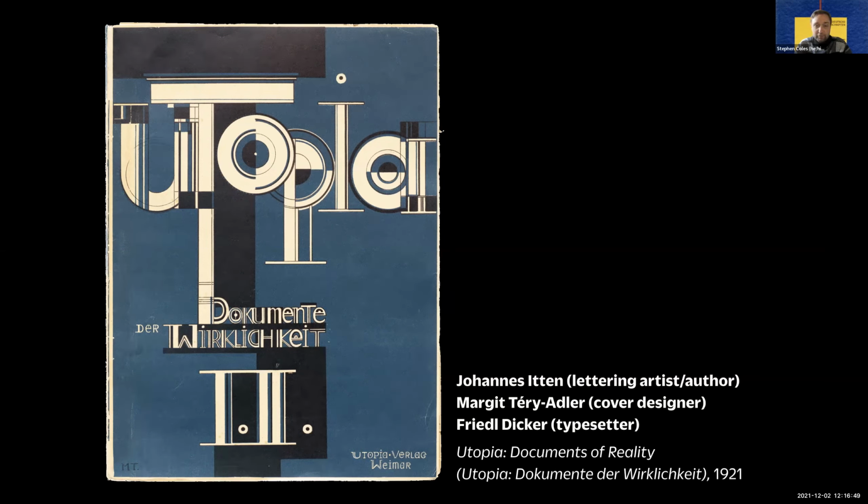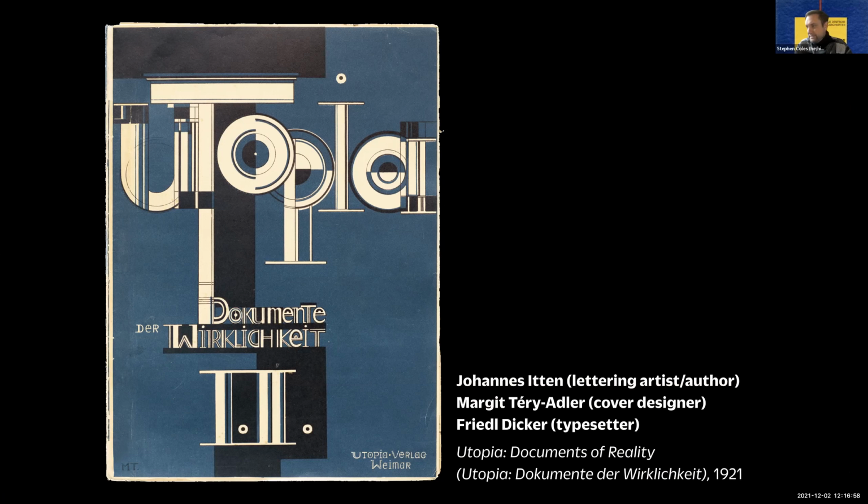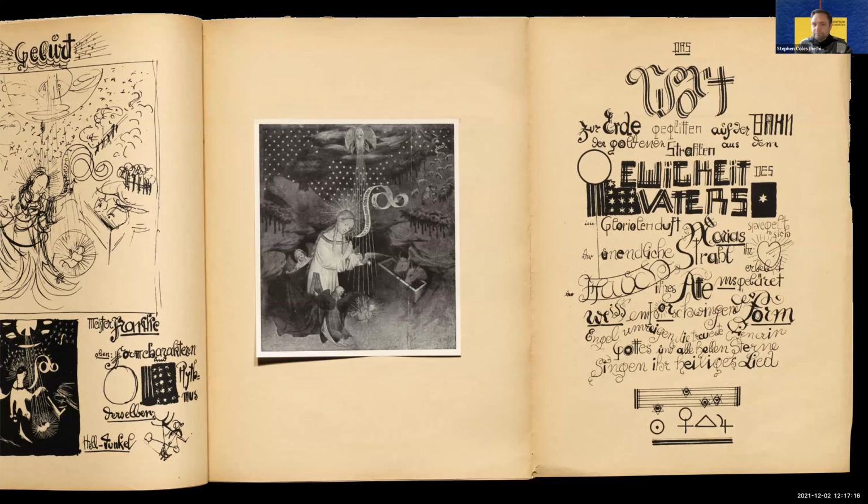And the cover was done by Margit Téry-Adler, who did this amazing lettering. And then the typesetting was done by Friedel Dicker. And this piece is such a wonder in many different ways. It's one of my favorite items in the show, and I think you'll agree why.